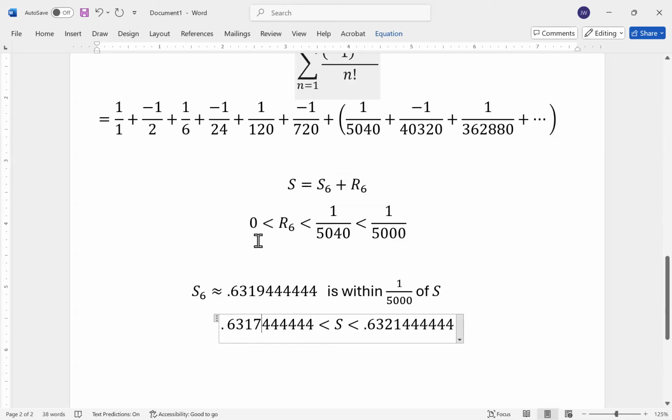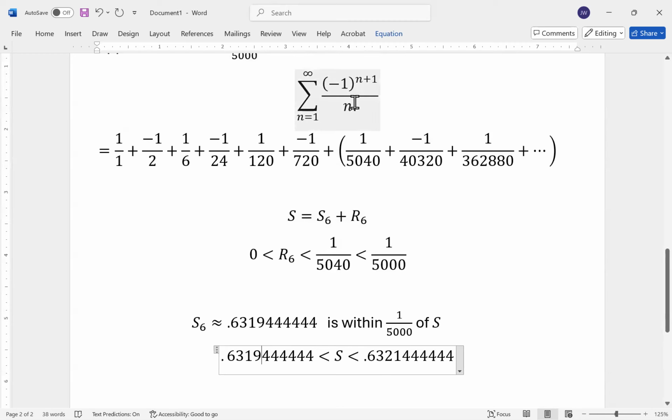So technically, since the remainder starts at 0, I can say it's going to be somewhere above 0.6319444444 and somewhere below 0.6321444444. That's where my summation will be. That's where this infinite sum will converge to.